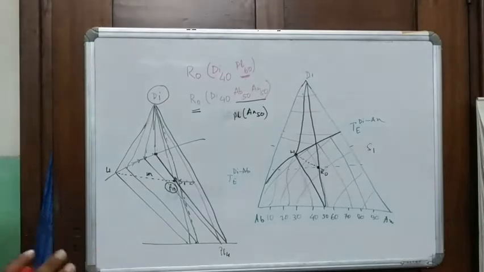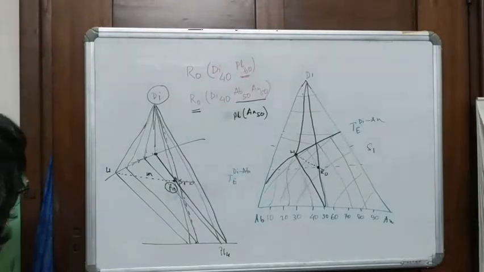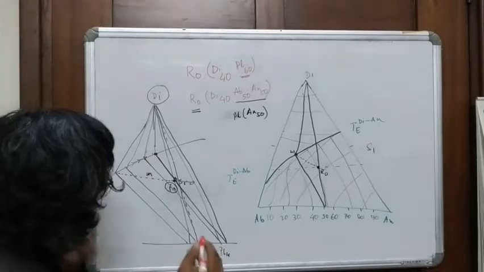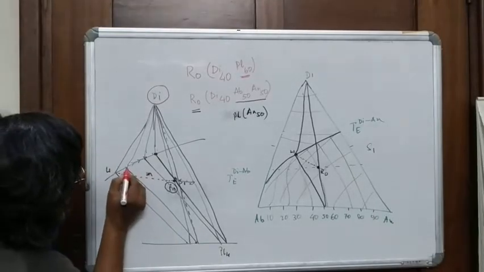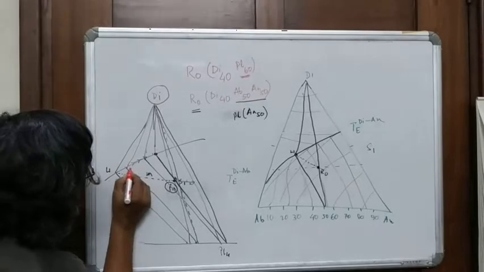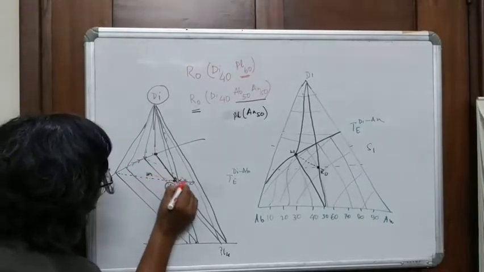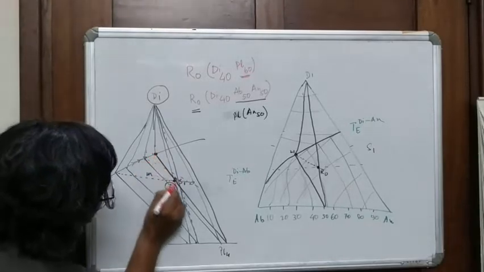And another thing I should tell you, when we went from L1 to L2 to L3, I also told you, remember, you can join these lines. R0 is here, so this line you could join, this line you could join, and this line now is here.